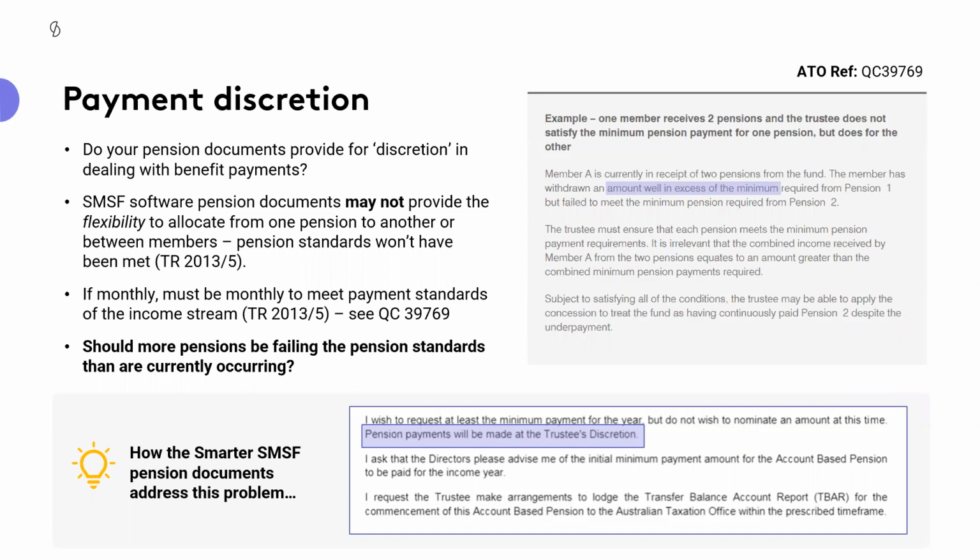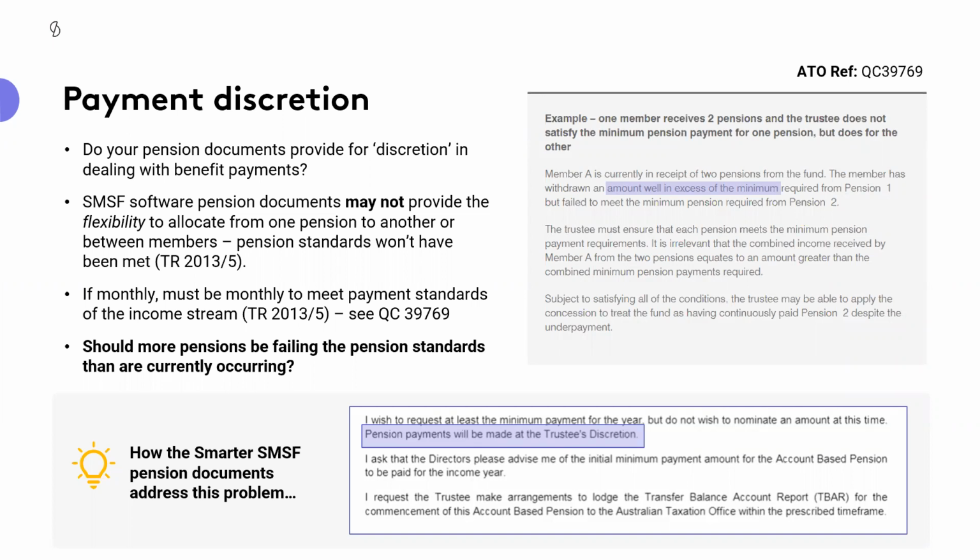It is irrelevant that the combined income received by member A from the two pensions equates to an amount that is greater than the combined minimum of those pension payments required. Subject to satisfying all the conditions, the trustee may be able to apply to have that underpayment self-assessed subject to the amount in which that shortfall arises.